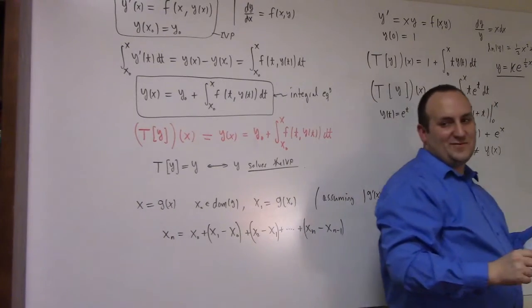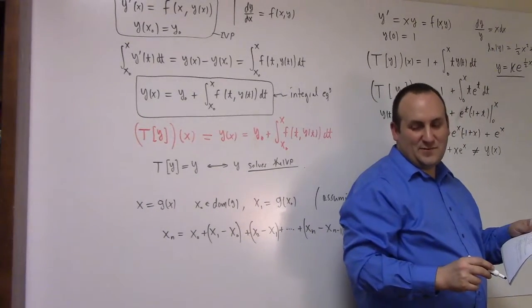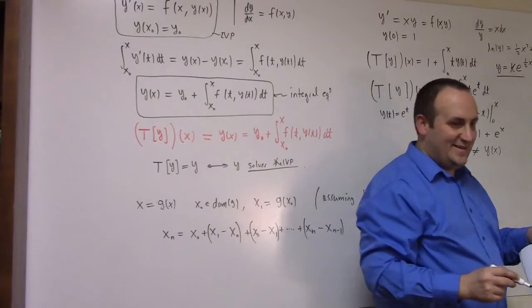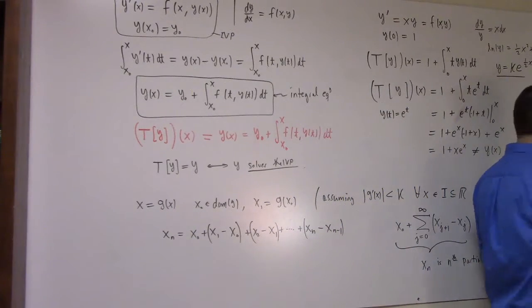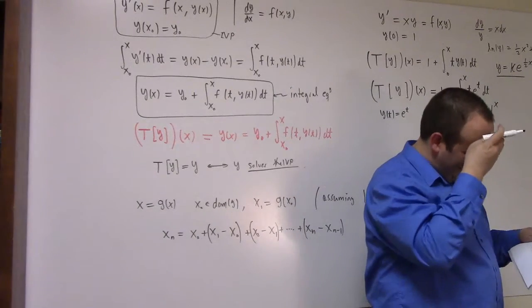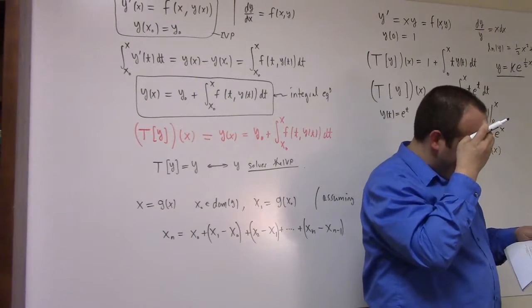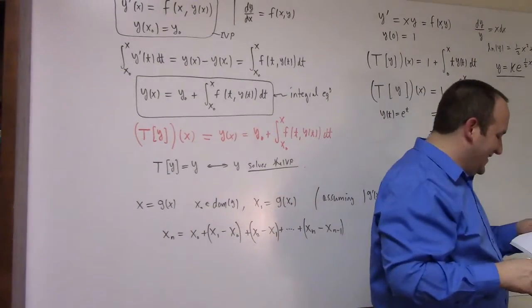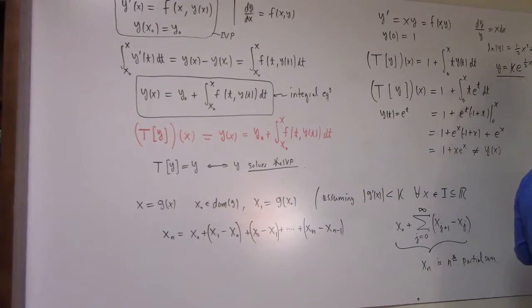Yn uniformly converges to y if the limit as n goes to infinity of the norm of yn minus y is equal to 0.